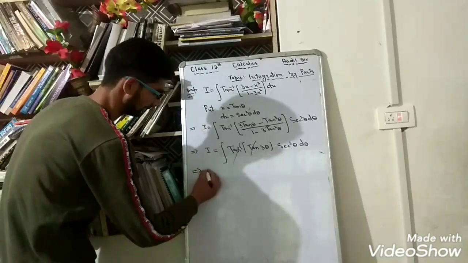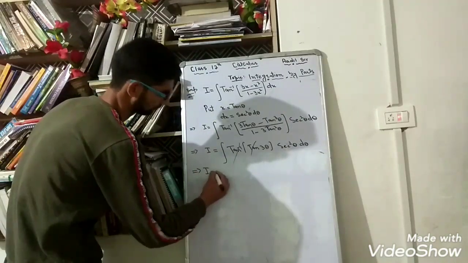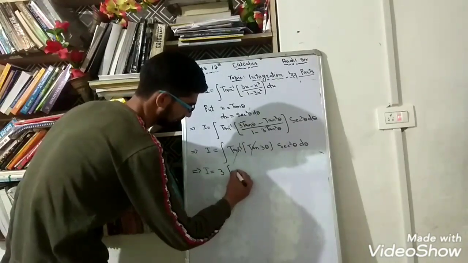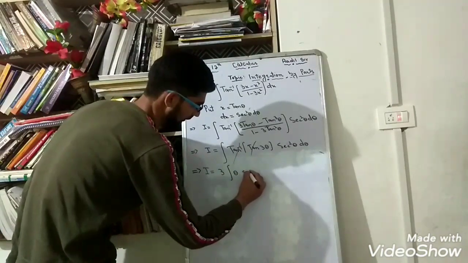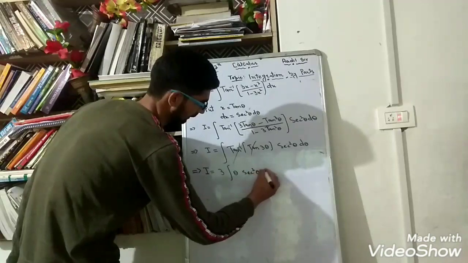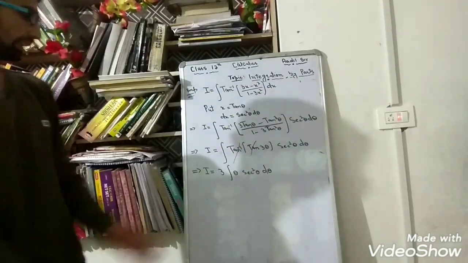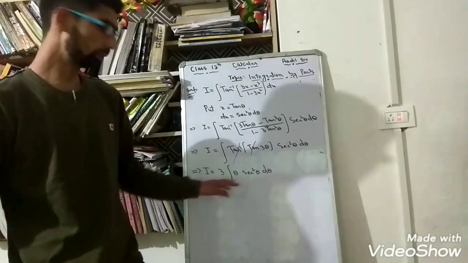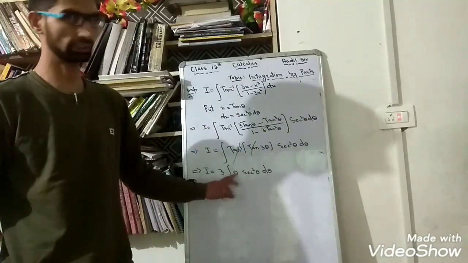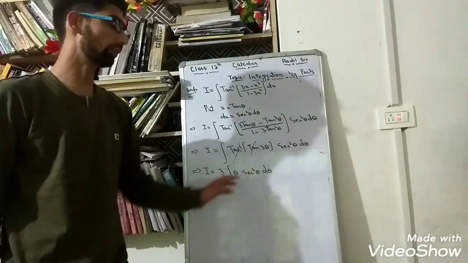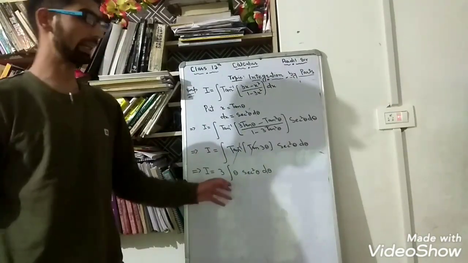I will get I is equal to 3 integral of theta sec square theta d theta. Now I am getting the integral as a product of two functions. One is theta, that is algebraic, and the second one is trigonometric. And we know that we have to take the first function as algebraic.